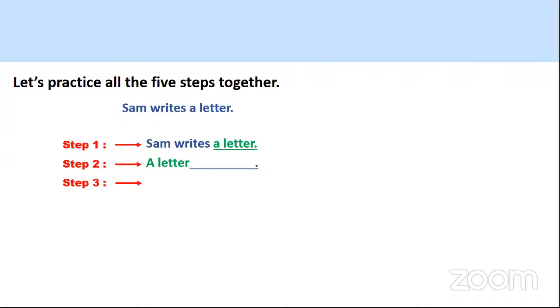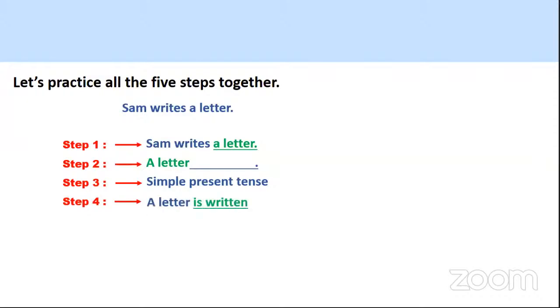Let's see the third step. You have to identify the tense. Then you look at the verb in the active sentence. What is it? Writes. So it is in simple present tense. So what is the fourth step? Now you have to change the verb.